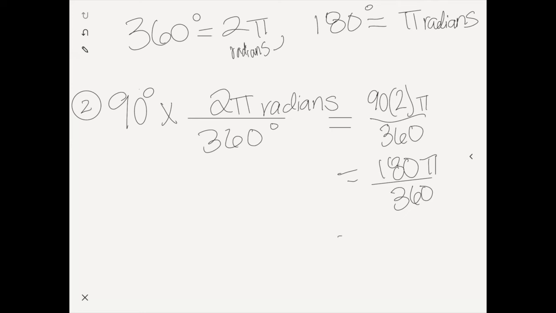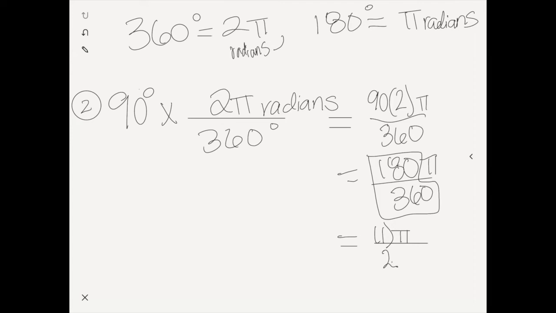Right now, I'm just going to divide 180 by 360, or put it in simplest form. If you divide both the top and the bottom by 180, you're going to get 1 on the top, and on the bottom you're going to get 2. So this fraction itself is 1/2.